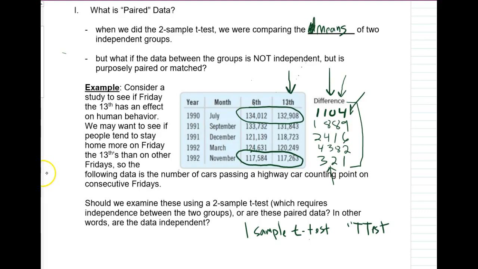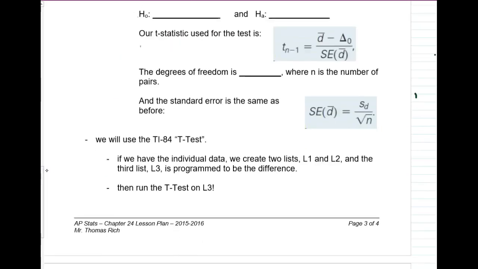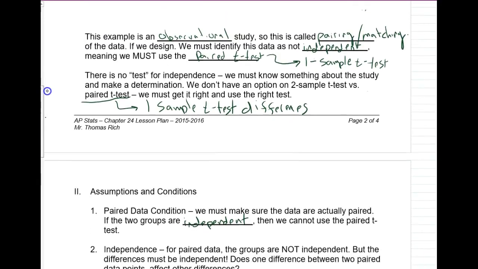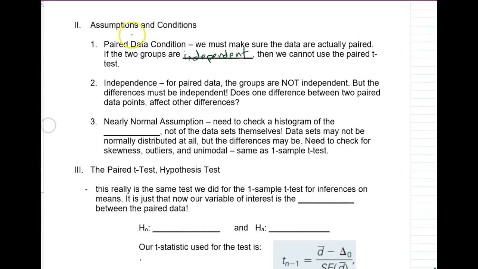We're also looking at, just as we did before in our assumptions and conditions, our 10% rule, to make sure that we are not sampling more than 10% of the population. And we'll take a look at randomization, right?